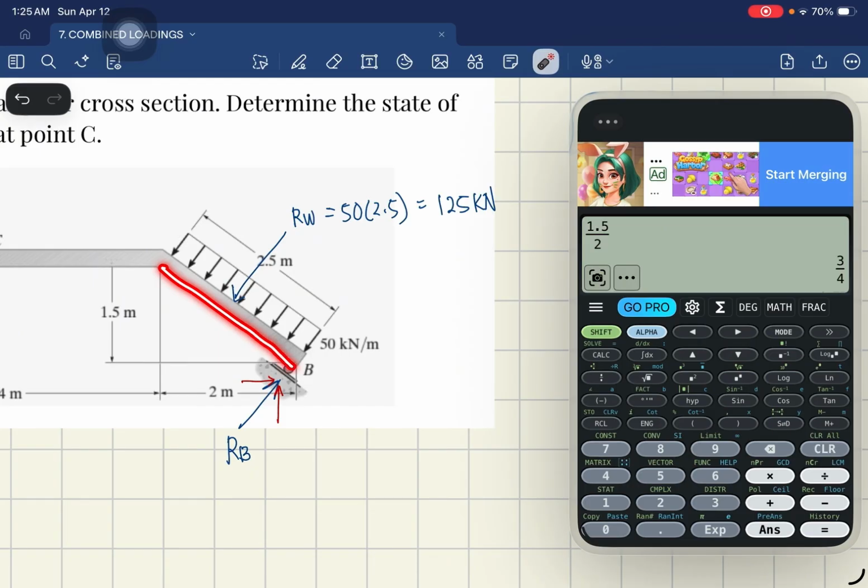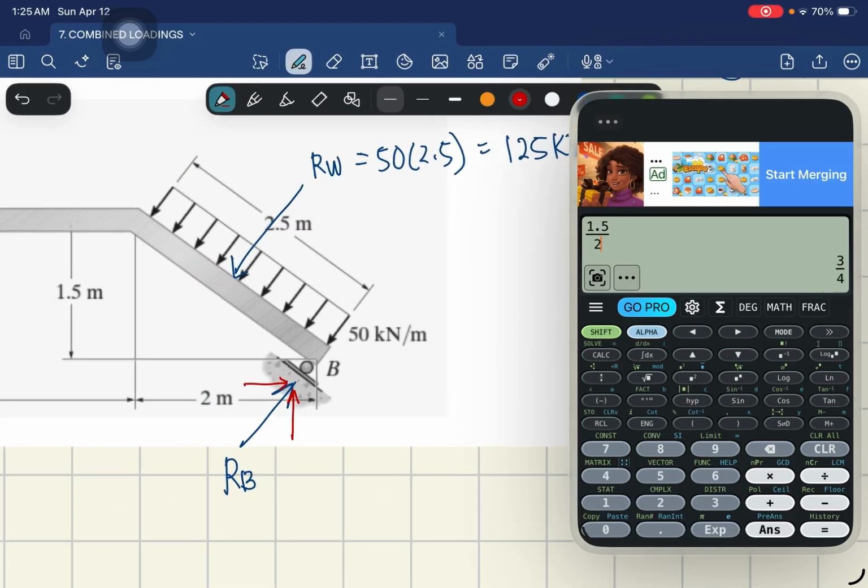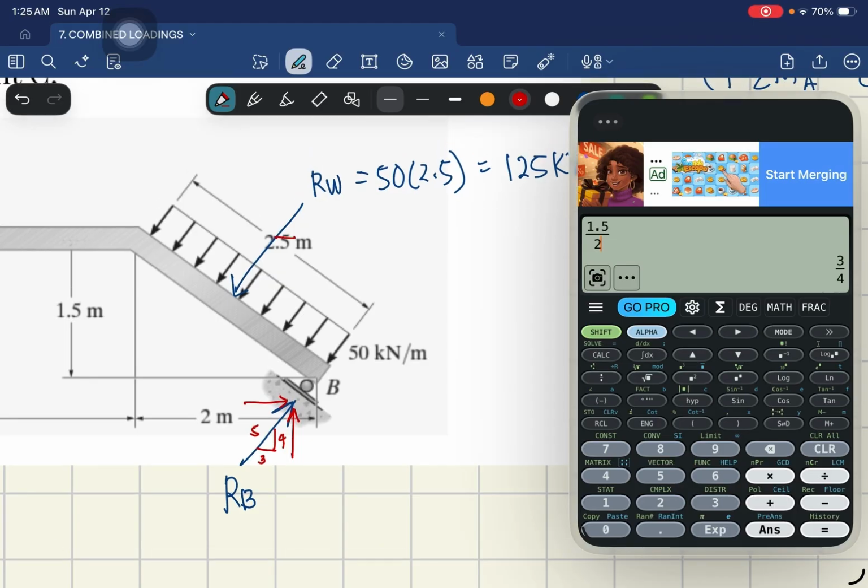Then yung hypotenuse naman niya, since yung vertical is 3, yung horizontal is 4, so yung magiging hypotenuse niya is 5. So ito yung 3, 4, 5 na triangle natin. Same with this one.